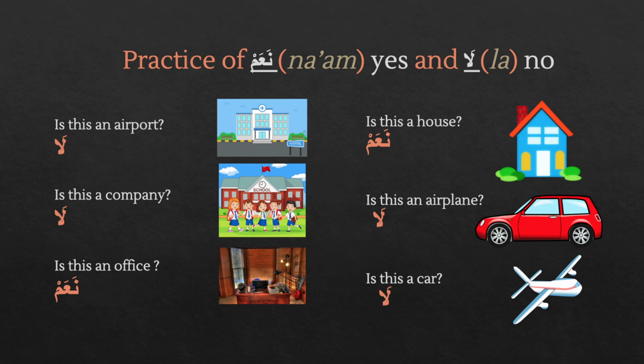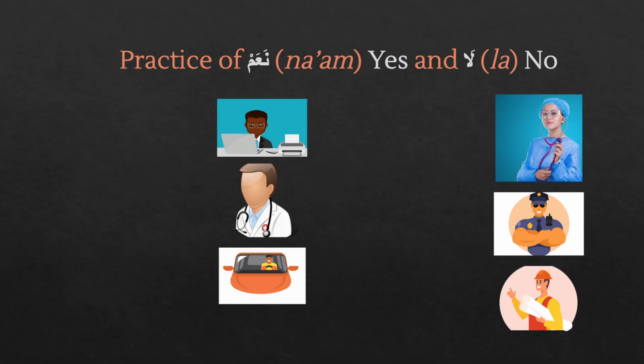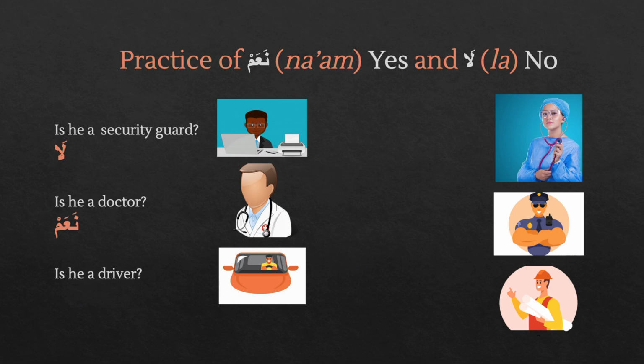All right. Let's do the same thing here. Is he a security guard? No. لا. He's a موظف. He's an employee. Is he a doctor? نعم. Yes, he is a doctor. Is he a driver? نعم. Yes, he's a driver.